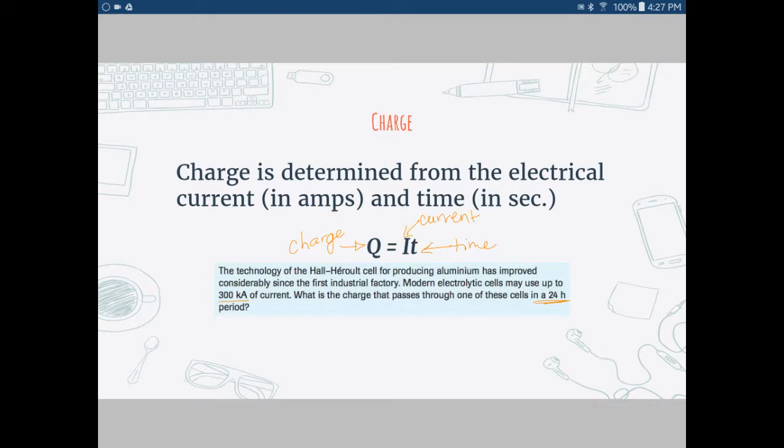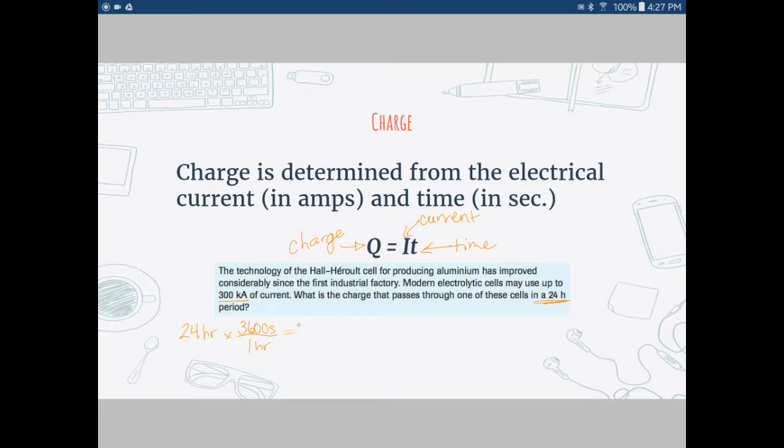The first thing we can do is our time conversion. We can convert our 24 hours and multiply that by a fraction that equals 1. In 1 hour, that equals 3,600 seconds.